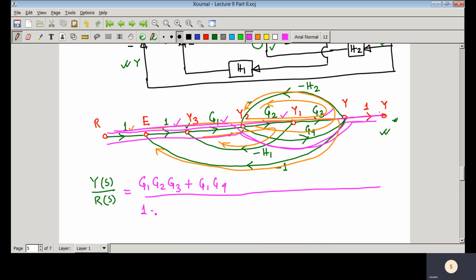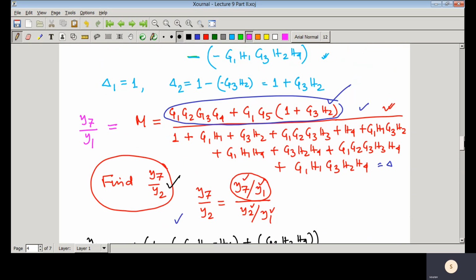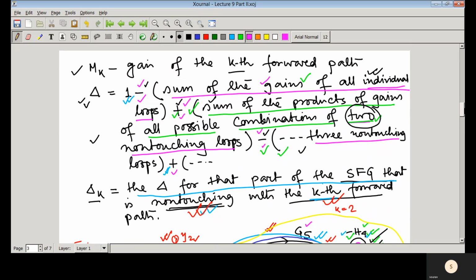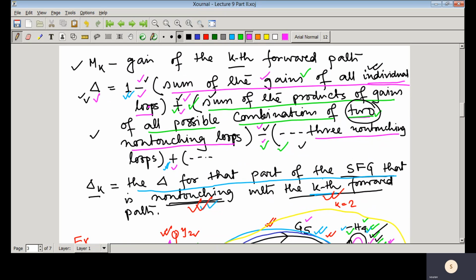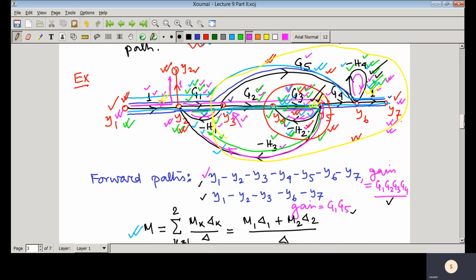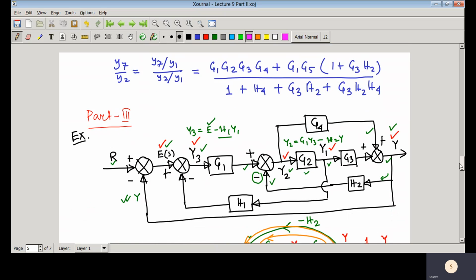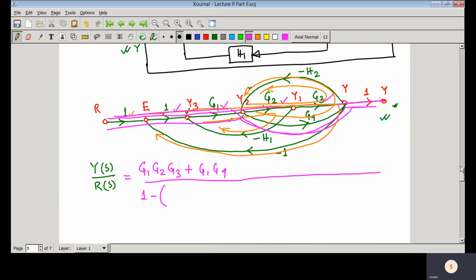Now, the Mason gain formula states that delta equals 1 minus the sum of the individual gains of all the individual loops. How many loops have we identified?